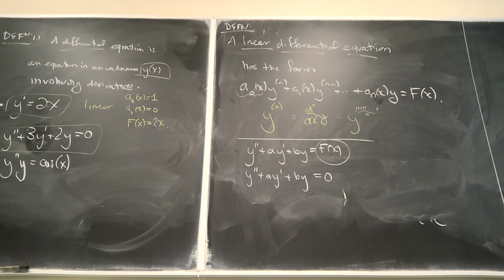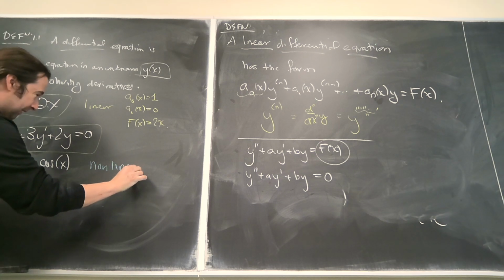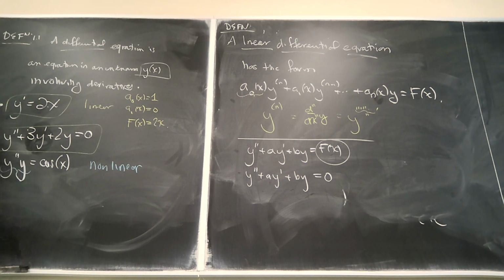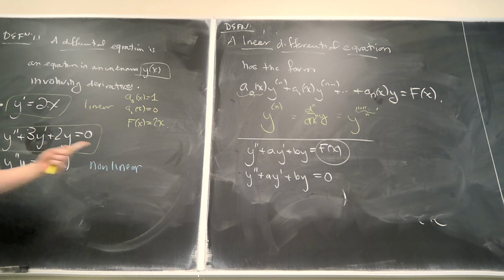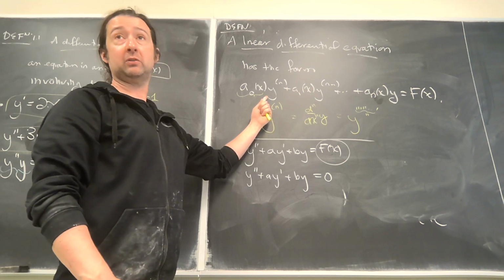Not linear. So if an equation is not linear, we call it nonlinear. So this equation is a nonlinear equation. And the reason is I've multiplied y by its second derivative. So I've mixed the derivatives together in terms, and the linearity condition requires that the derivatives stand by themselves multiplied by functions of x.